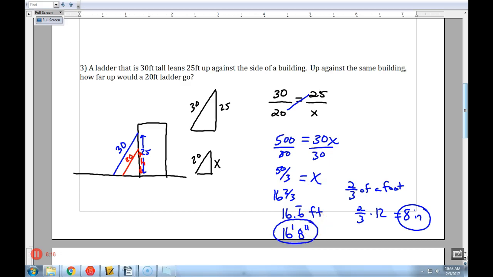Sometimes on standardized tests they don't want decimal feet, they want inches. So whenever you have a fraction or a decimal, the key is times by 12 inches. If you have a decimal or a fraction of feet, just times it by 12 and it'll hook you up with the inches. If you want to go the other way, if you know the inches, you can divide by 12 and get the decimal or the fraction.